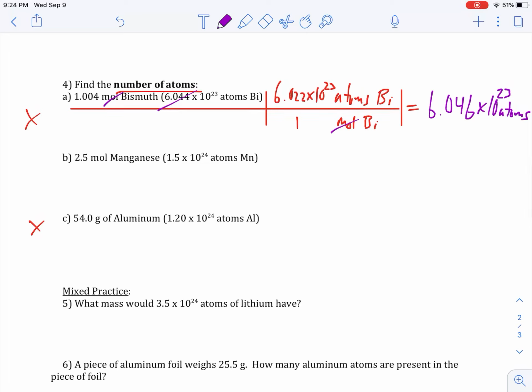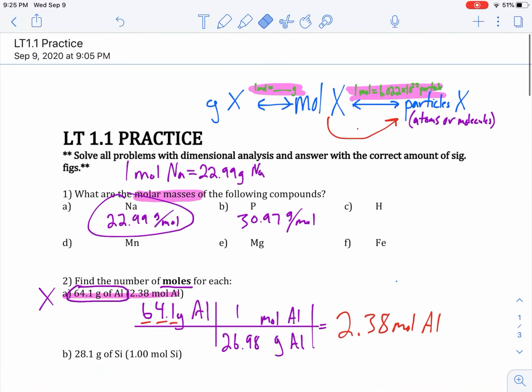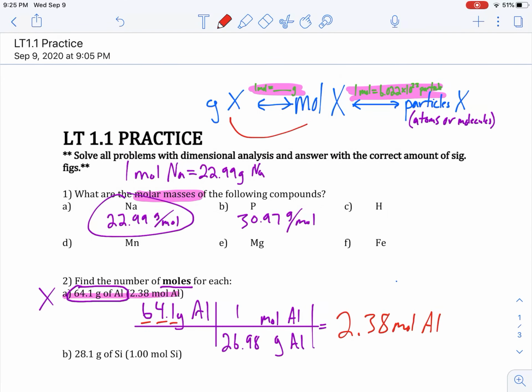Last one of these, let's start with 54 grams of aluminum. And we're converting to atoms again. This is our 6th option for converting these. If we're going grams to particles, that is going to be a 2-step process. So I know that I'm going to need 2 steps to get this done. In the first step, I'm going grams to moles.